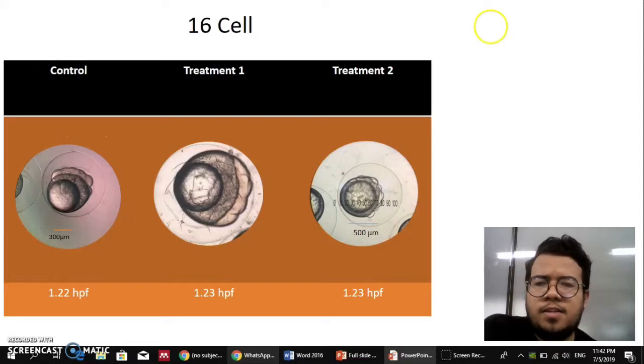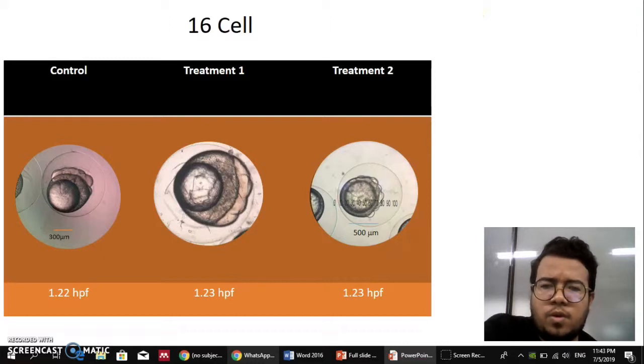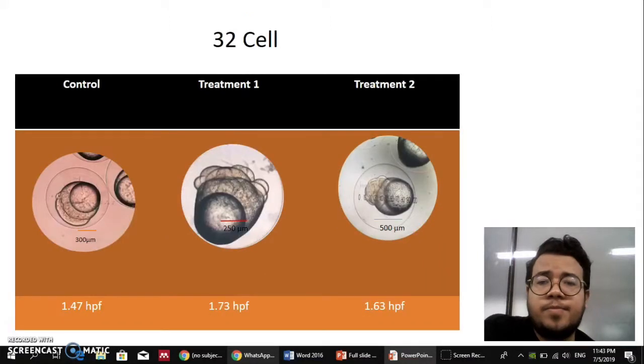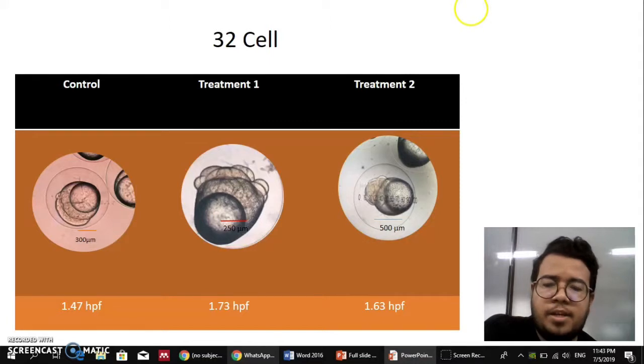So this is the 16 cell development, which can be seen that almost all cells are developing at the same time. And this is the 32 cell, which can be seen that treatment 1 took a longer time than the other treatments.